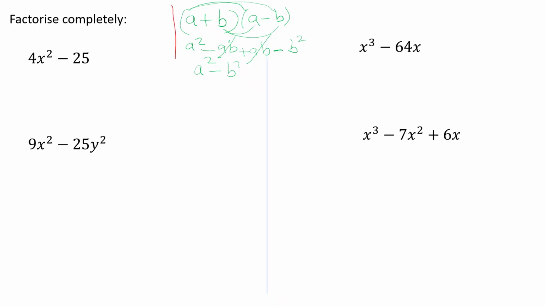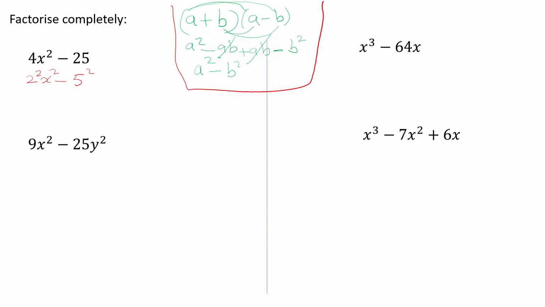I'm going to use this. If you have two square numbers, you can factorize. If you have a squared minus b squared, you can factorize it as (a plus b) and (a minus b). So it's the reverse process. So I'm going to show you this one. This is 2 squared x squared minus 5 squared.